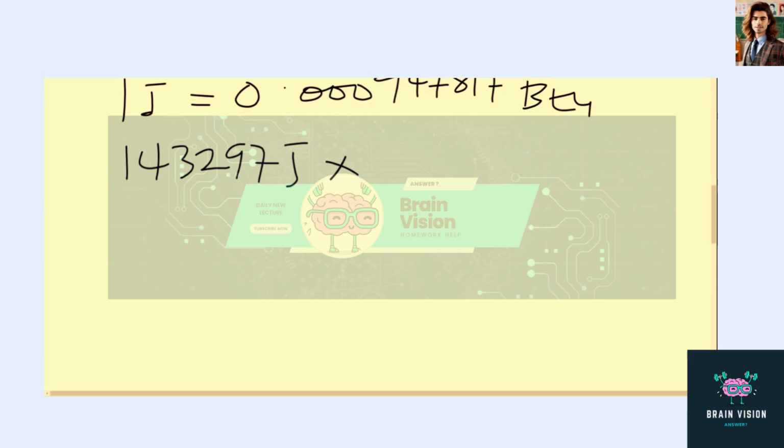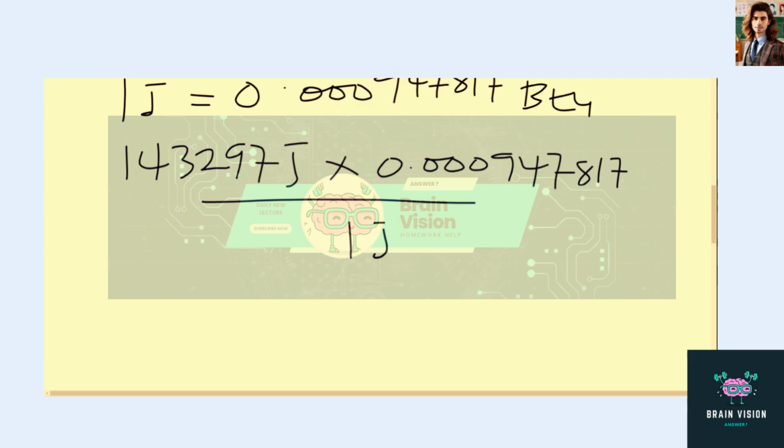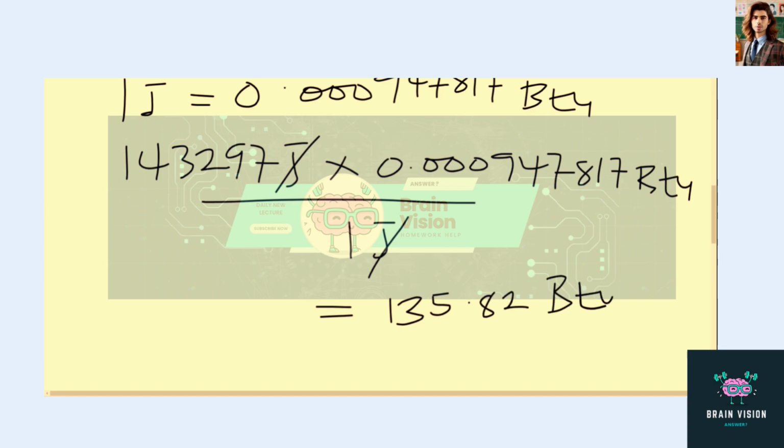So we have 143,297 times 0.000947817, all divided by 1 joule. The joule cancels the joule, then we are left with BTU. When we multiply that, that should give us 135.82 BTU. So in British units, this is what we have.